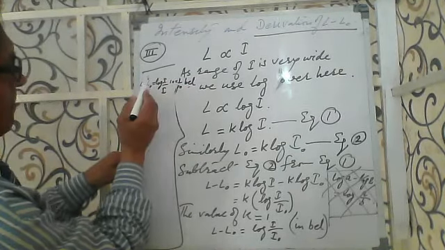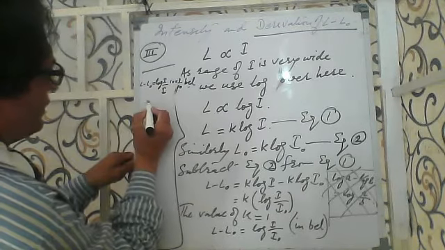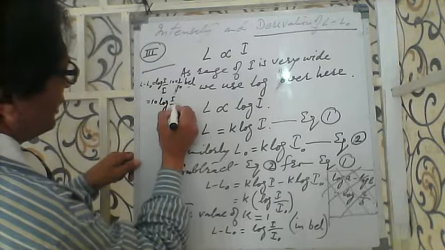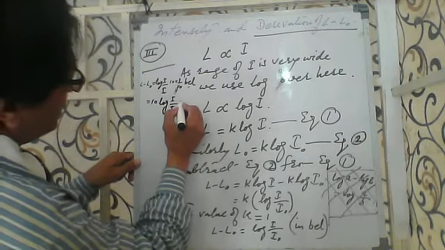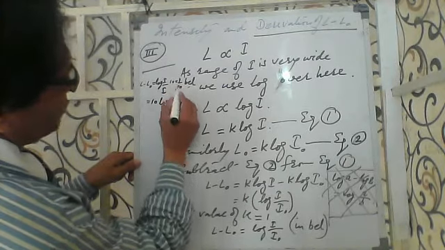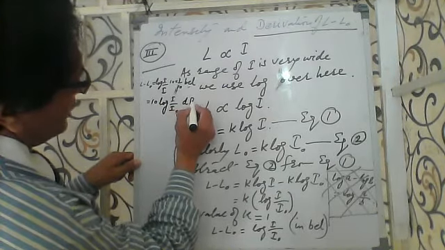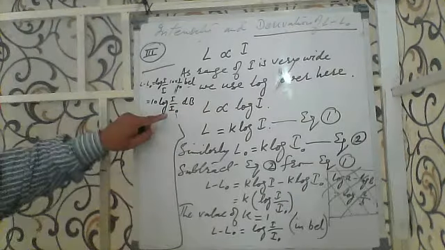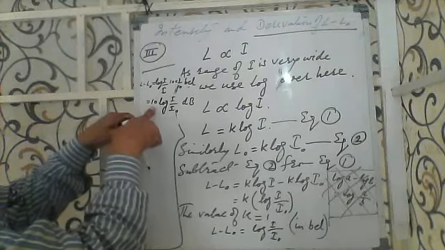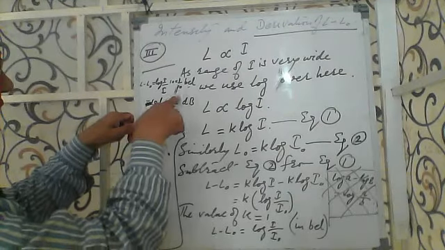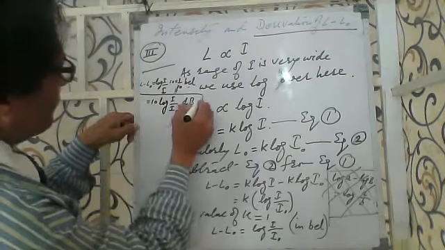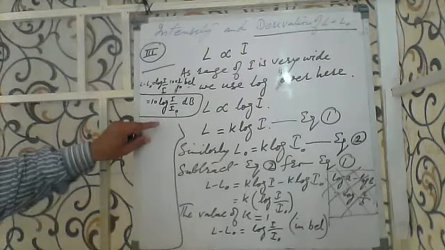This 10 will come in the starting and we will get 10 log of I by I naught into 1/10 of a bell. 1/10 means deci and bell B. So we got this formula, L minus L naught is equal to 10 into log of I by I naught decibel. This is the formula we will use in numericals.